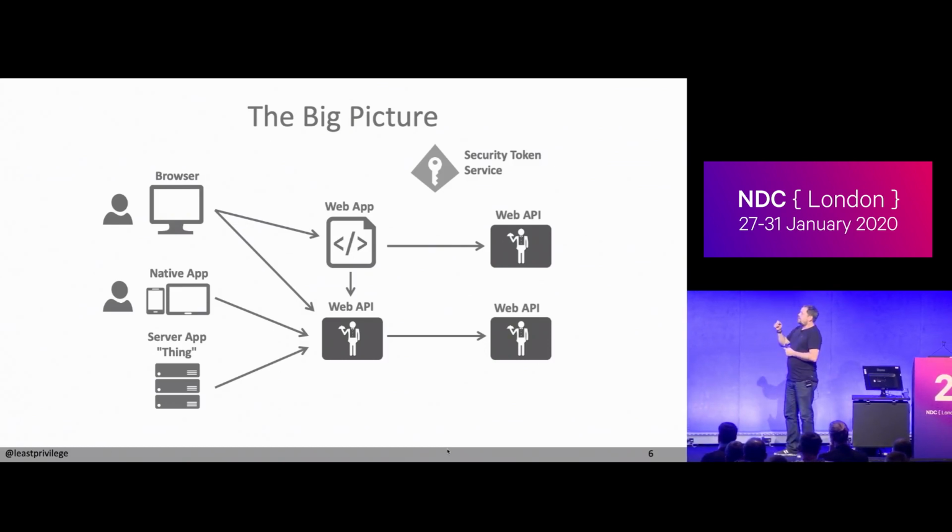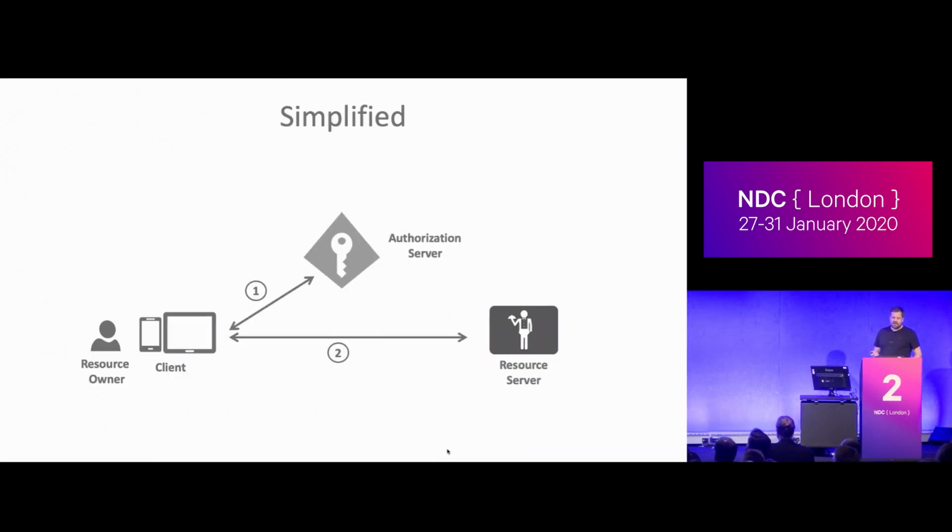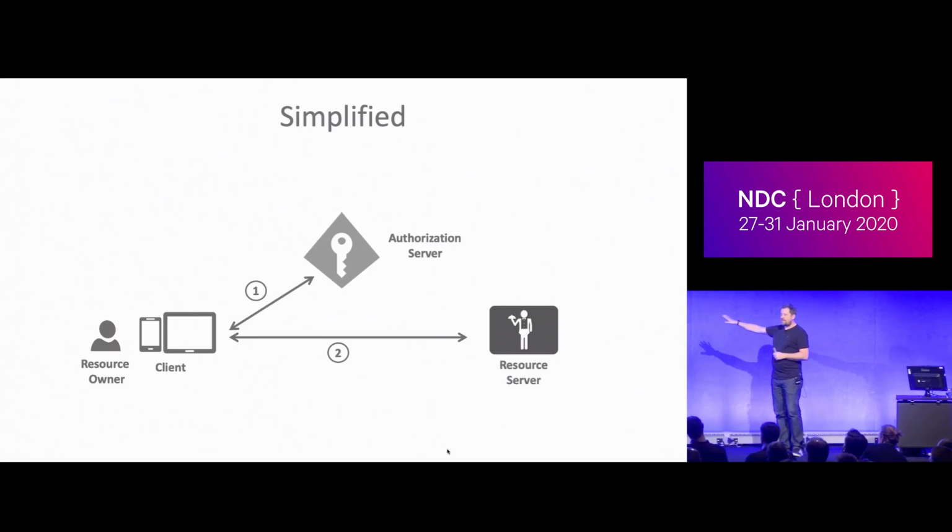But whenever an arrow arrives at a web API, that is where potentially access tokens are used. If they get stolen or somehow misused, then you can access resources, maybe not legitimately. But if you strip down this picture, it really always looks like this, right? Every OAuth-based system looks like this.